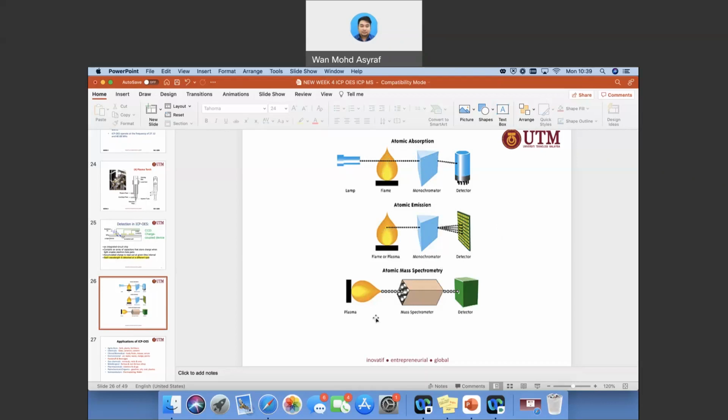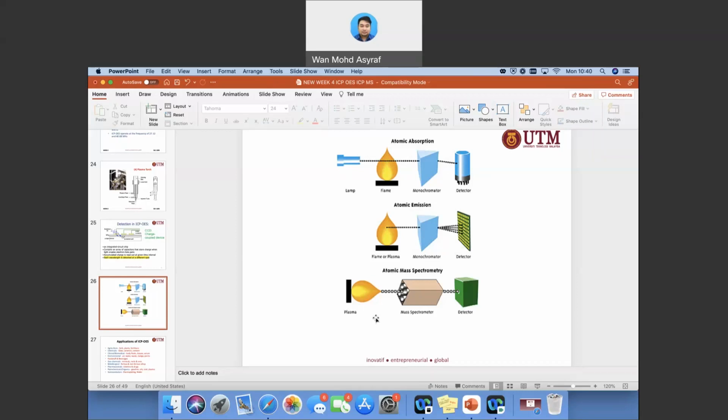For atomic mass spectrometry, which we will be looking at after this, it is the same as atomic emission, but the detection is by the mass of the element.